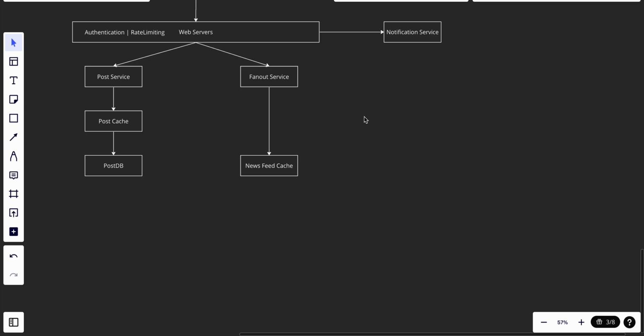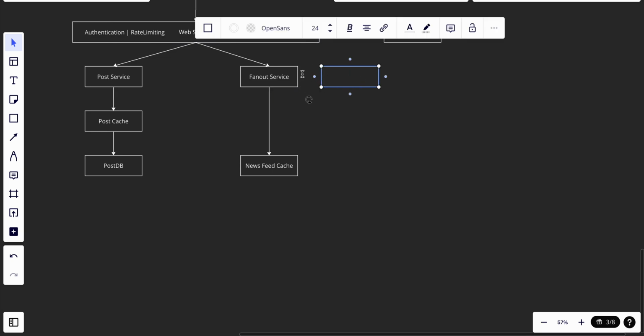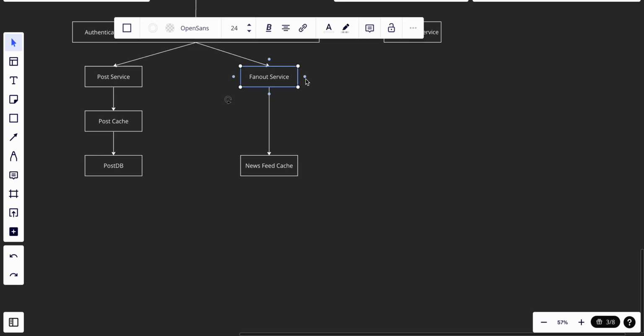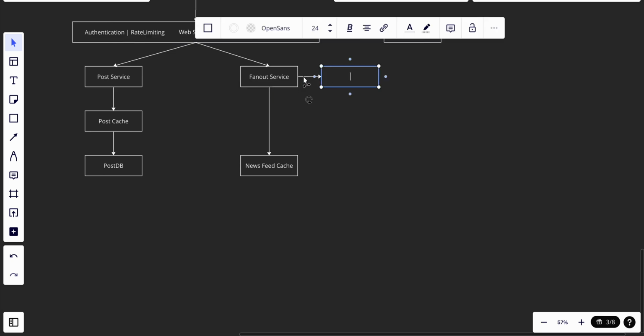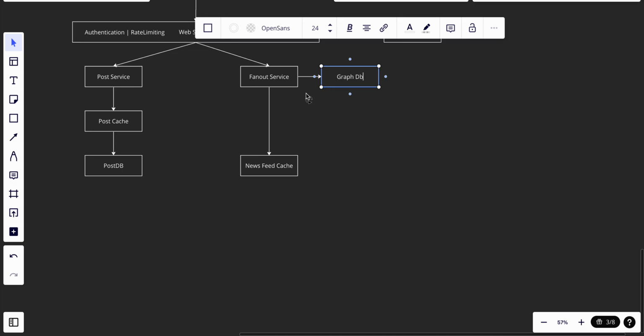First of all, when we want to get the user's news feed, we will save the information of the user's friends and posts in the graph database, GraphDB. And I will say why we are using GraphDB specifically.